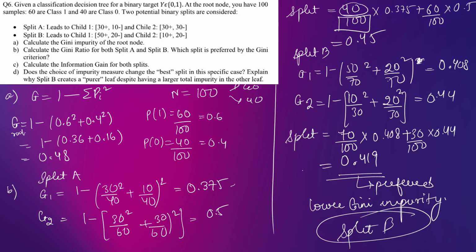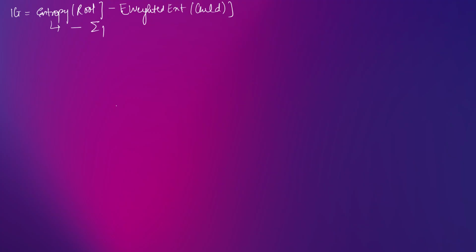Now for your third part. Information gain is basically entropy of root minus weighted entropy of children. The entropy formula, you all may be knowing, is minus summation pi log base 2 of pi.